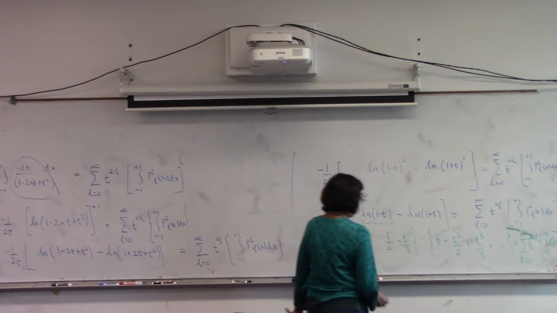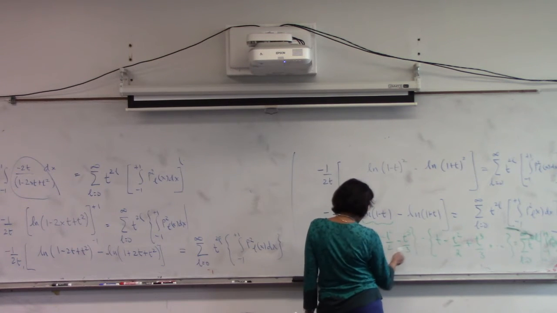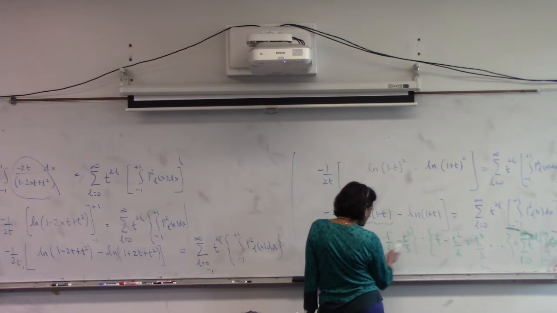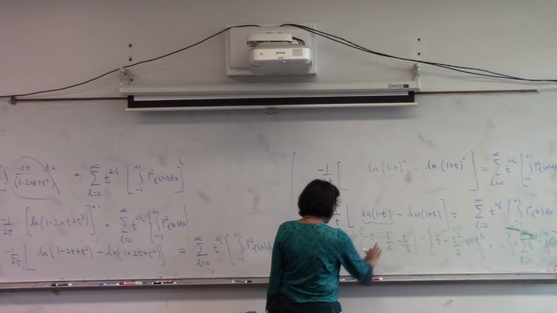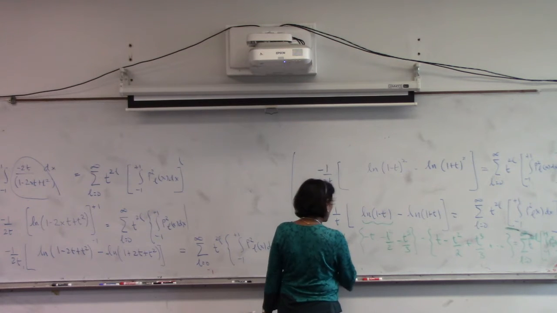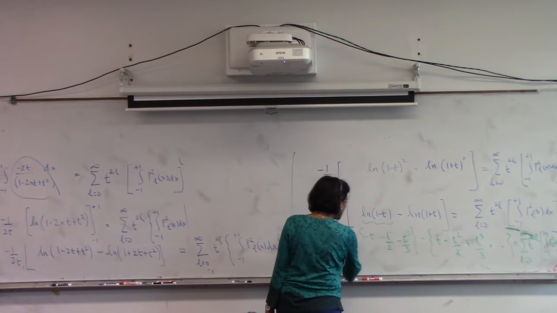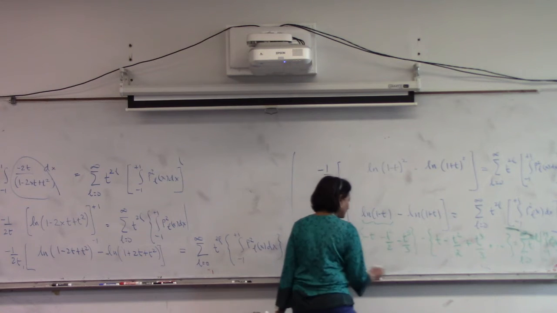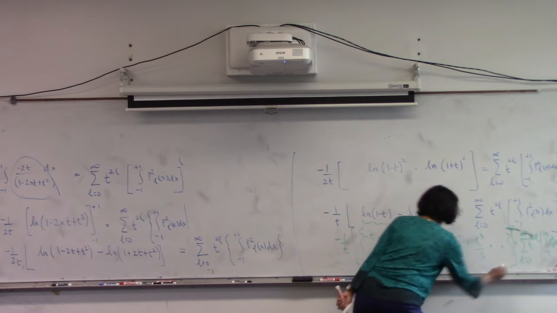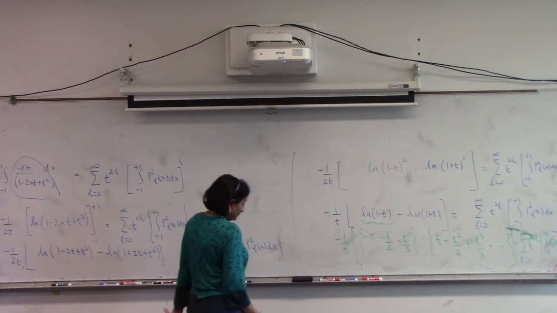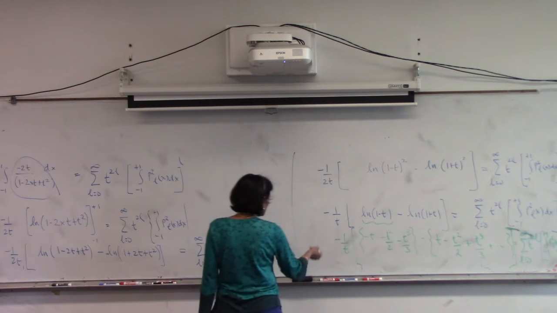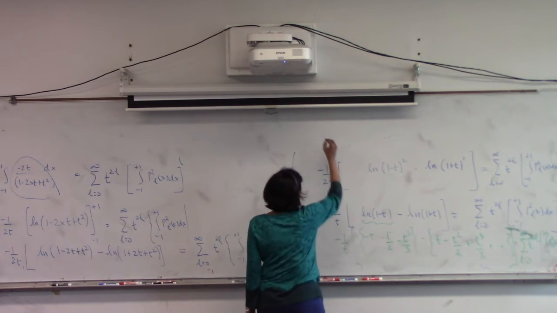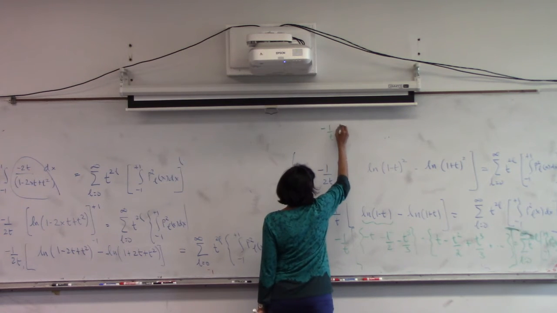Alright, so that's negative 2t. So this is plus and that is negative, right? So that will cancel. This negative 1 over 2 is common to both terms. So let me put this, in other words, to avoid the confusion. This term is nothing but negative 1 over t.